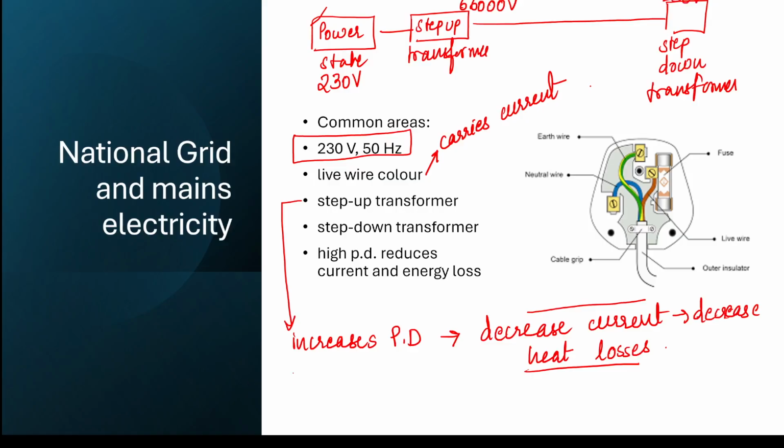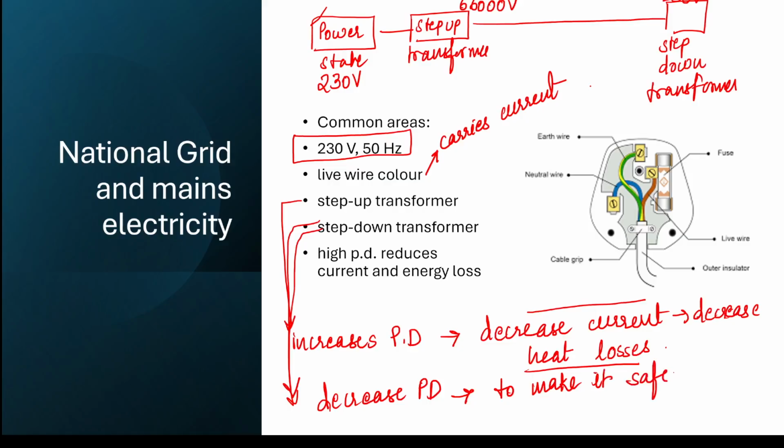Step down transformer decreases potential difference. Why does it decrease potential difference? To make it safe for home and appliances.